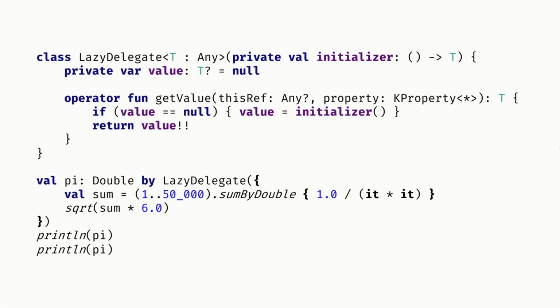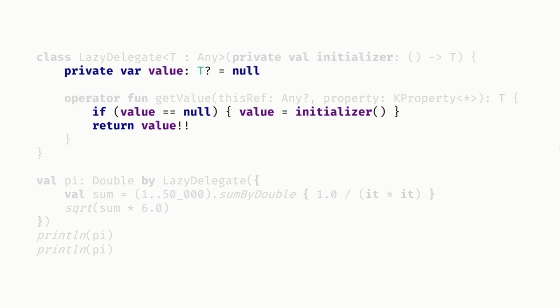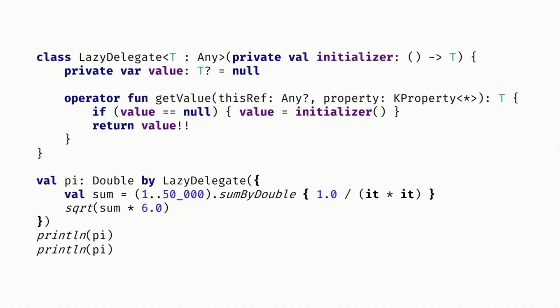If not, I can run the initializer and assign the value and then return it. With this class implementation, I really just replicated what I had before in a custom getter and setter and in a separate property, but it's now in a reusable class that we can delegate to whenever we need this behavior. And we could, of course, execute this and would see the same behavior as the standard library produces.